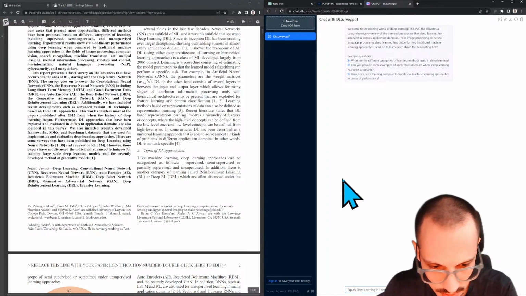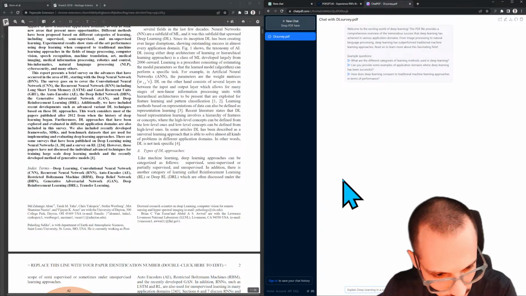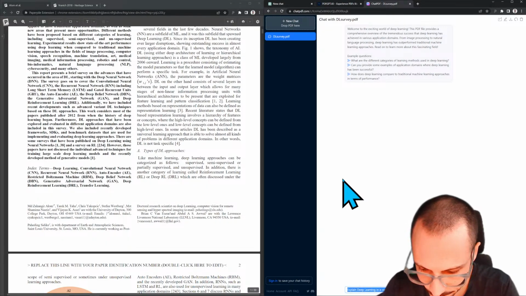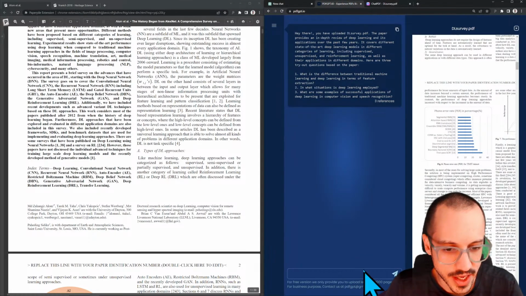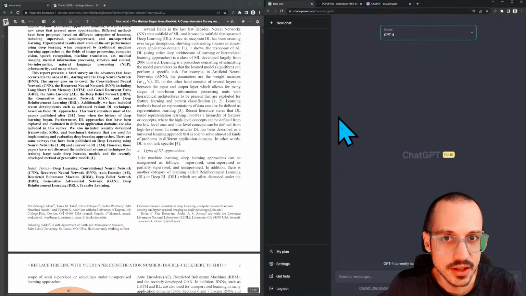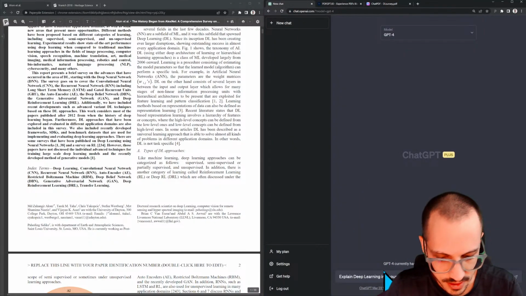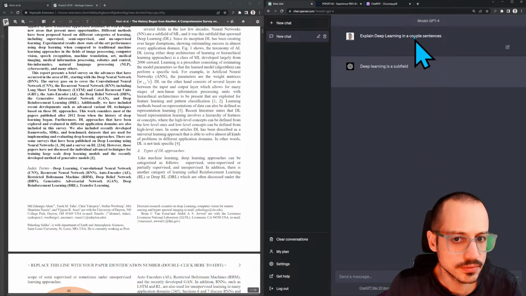Explain deep learning in a couple sentences. Okay, so we're going to ask ChatPDF, we're going to ask PDF-GPT, and then we're going to ask GPT-4. Okay.